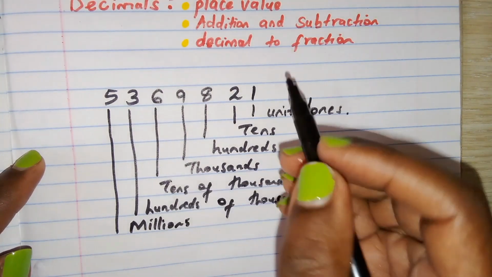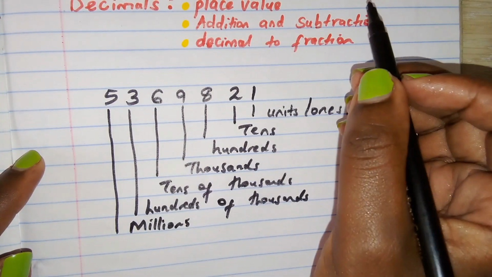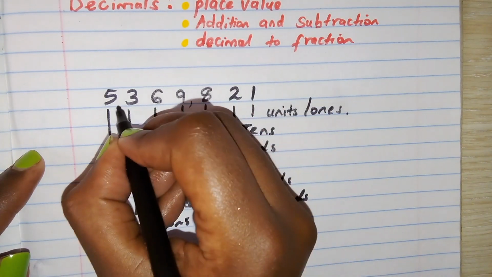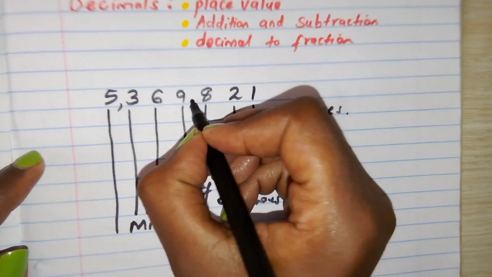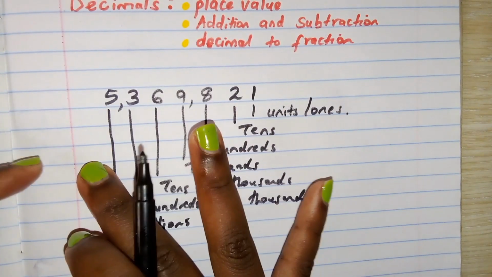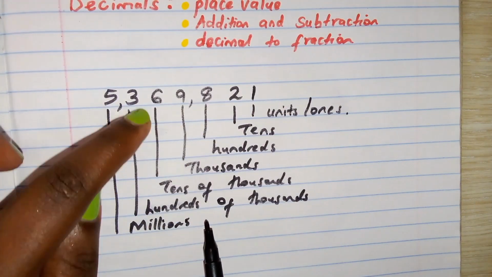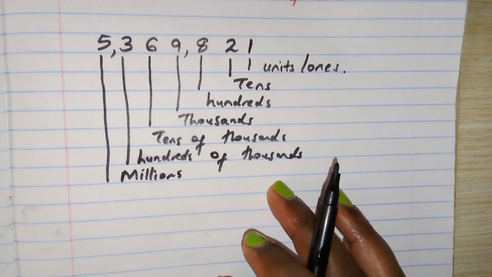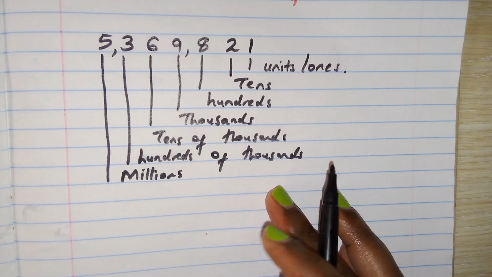When you get such a big number, count three digits from the right and put a comma. So we know this is 5,369,821.